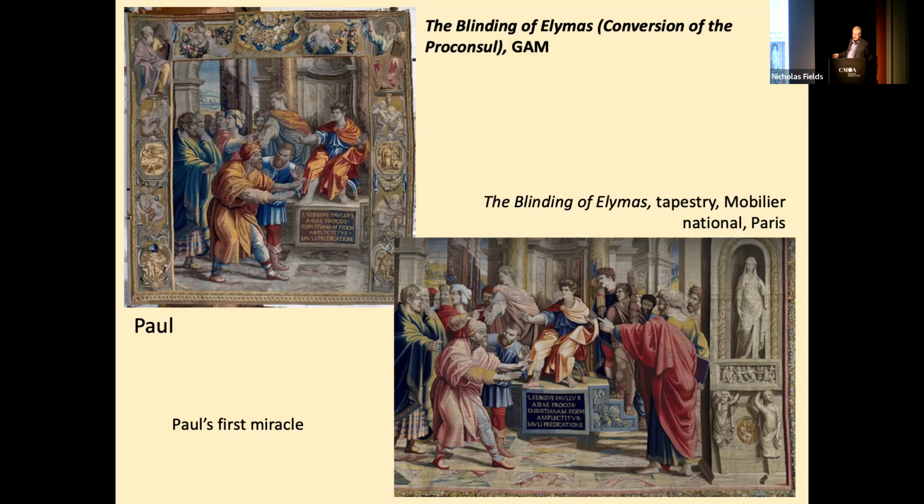Here, he's on the left, behind the magician. And in the original, larger tapestry, it's an anonymous, undefined person who's behind, but the identity is switched in order to create a more compact composition.